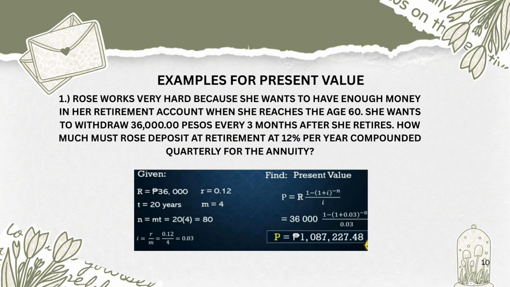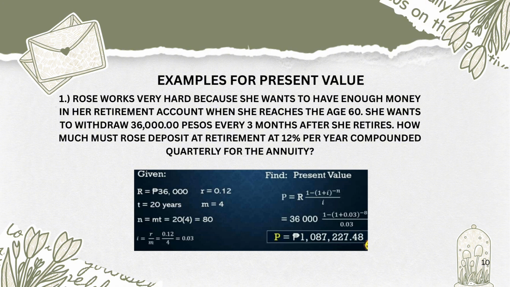And next are the examples for present value. Rose works very hard because she wants to have enough money in her retirement account when she reaches the age of 60. She wants to withdraw 36,000 pesos every 3 months for 20 years, starting 3 months after she retires. How much must Rose deposit at retirement at 12% per year, compounded quarterly, for the annuity?